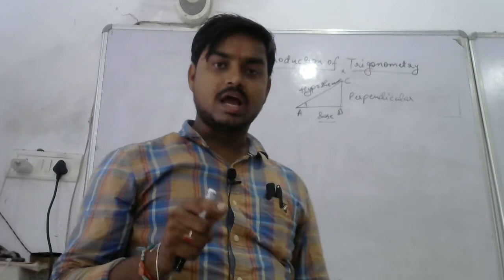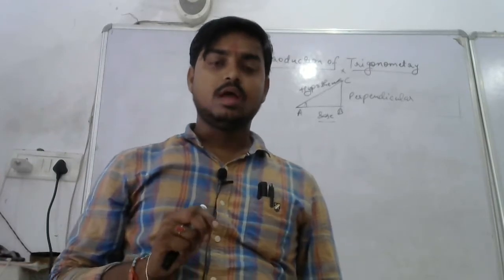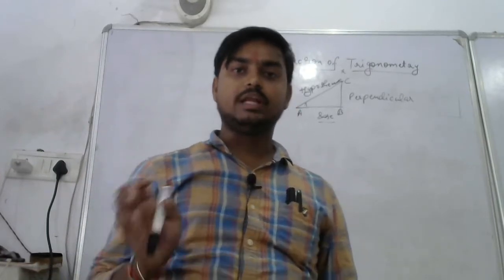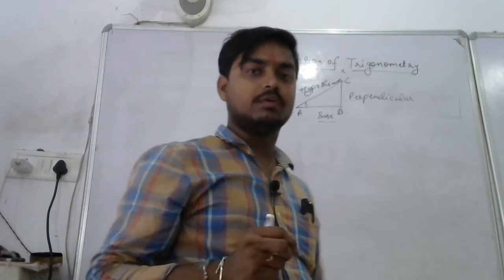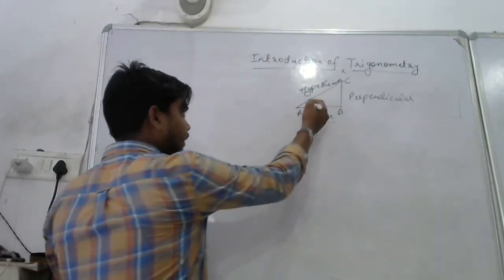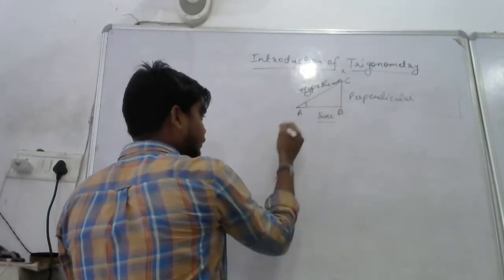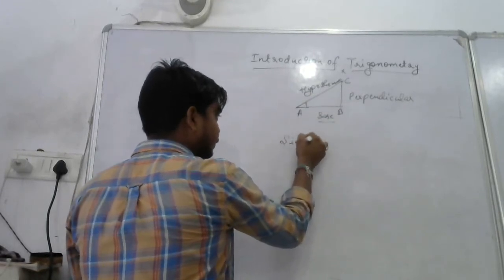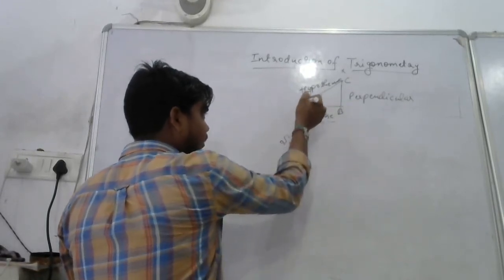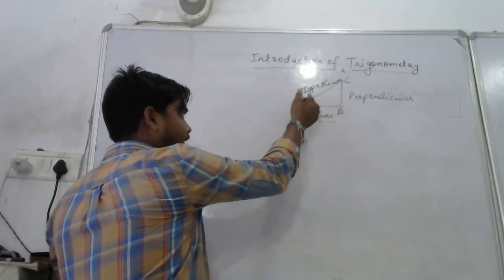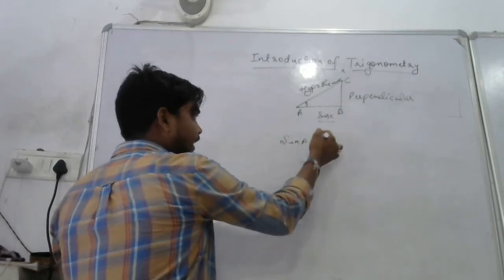Suppose I am given one trigonometric ratio and have to calculate all the remaining five trigonometric ratios, then how can we calculate it? Let me explain with sine A. Suppose I write sine A, this is the angle at point A of triangle ABC.